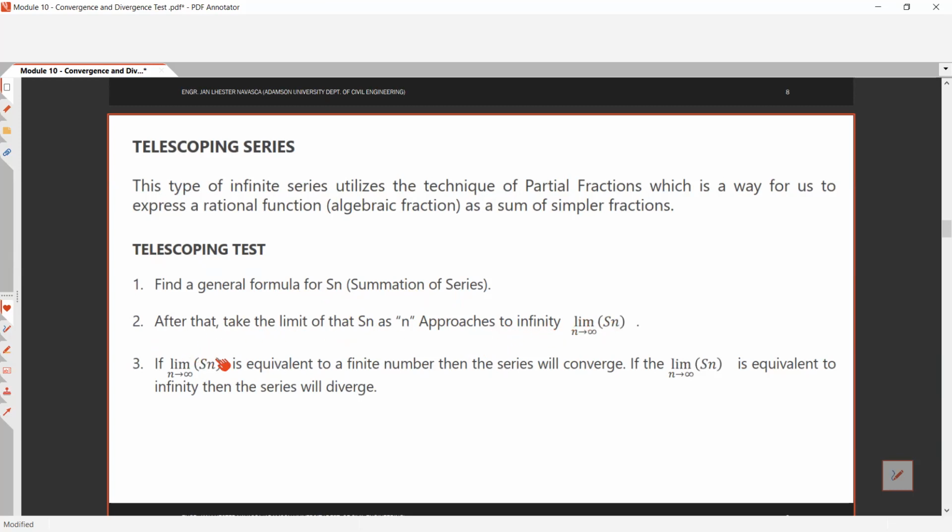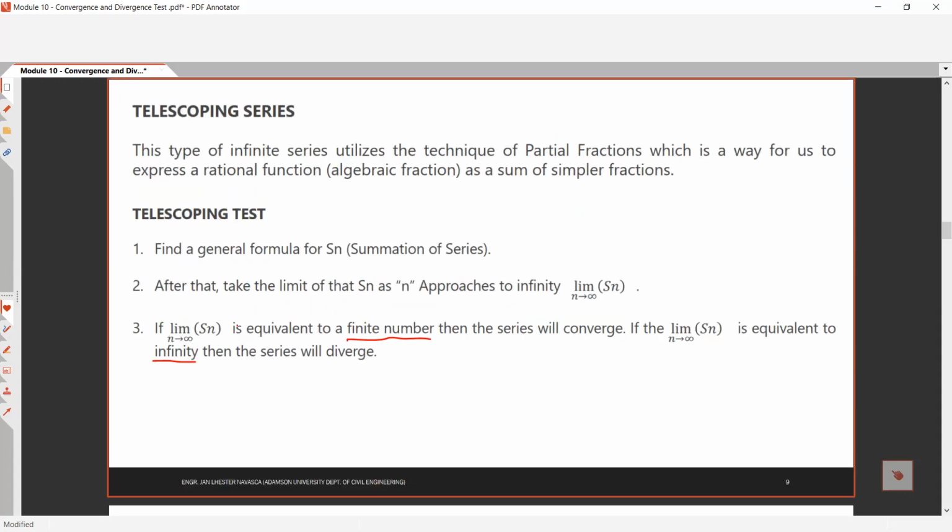If the limit of your S sub n as n approaches infinity is equivalent to a finite number, then the series will converge. However, if the limit of S sub n as n approaches infinity is equivalent to infinity, the series will diverge.